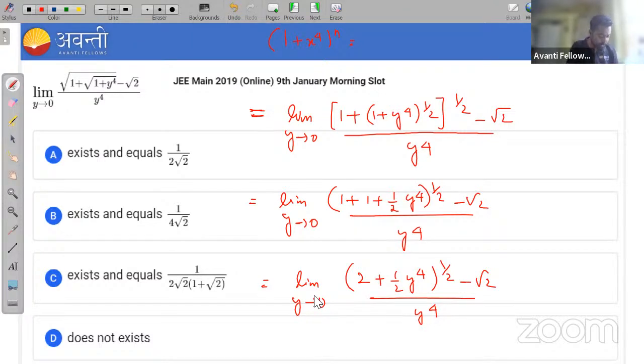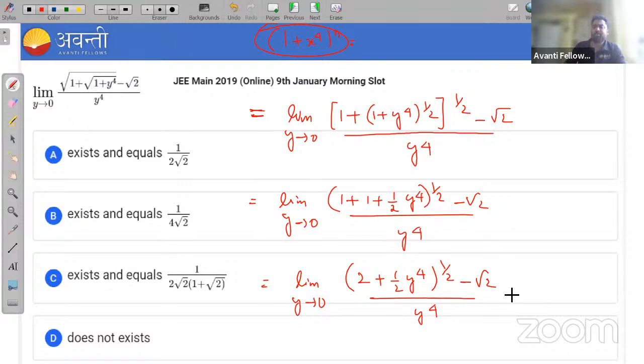You guys respond in the chat box. You can say, sir, when we have 1 plus x to the power something, then we can use the binomial approximation. But here we have 2 plus 1 by 2 y to the power 4. So how can we use it?